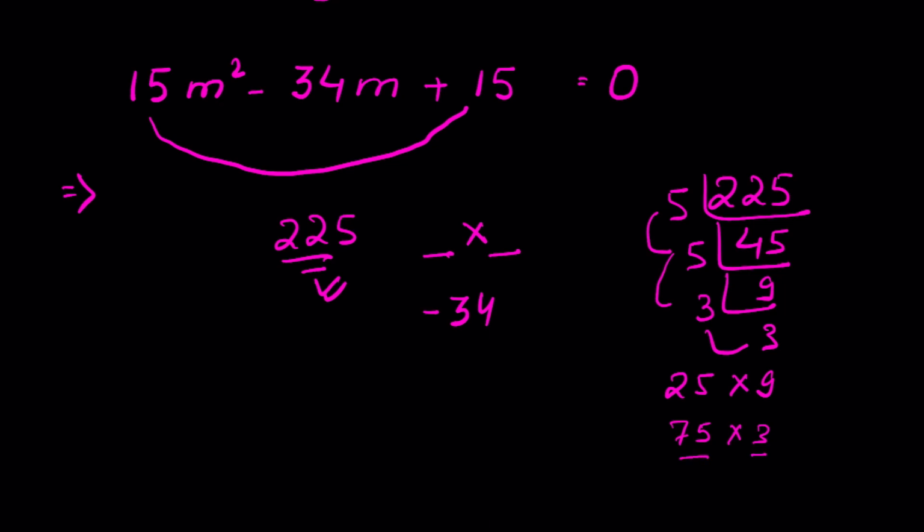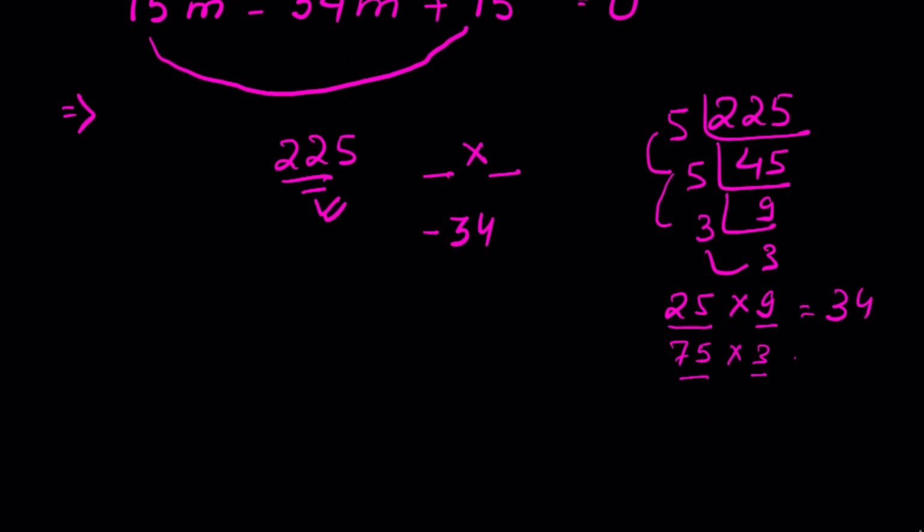Adding 75 and 3 will not give us 34, but if you add 25 plus 9 you will get 34. So if we add negative 25 and negative 9, we will get negative 34. So we got our two numbers.